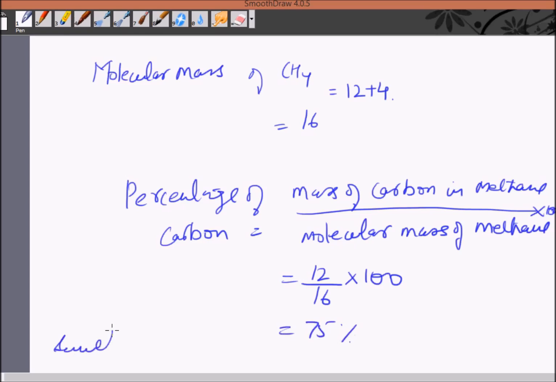Similarly, you can calculate for hydrogen. After calculating, it will come out to be 25%. So the percentage composition of methane is 75% of carbon and 25% of hydrogen.